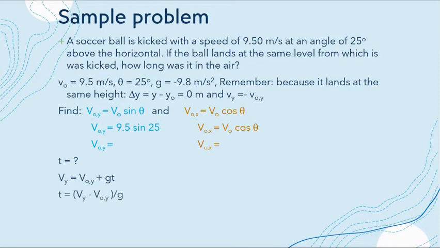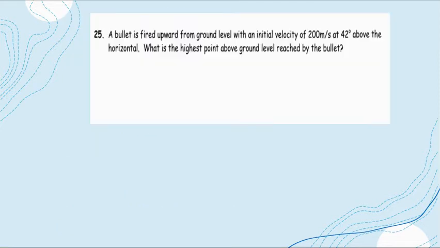So your time is equal to vy minus v initial y divided by g. So in this case, you have 4.01 minus negative 4.01 divided by 9.8. And in this case, I used your upward direction as being positive and your downward direction as being negative. So you end up getting 0.82 seconds.